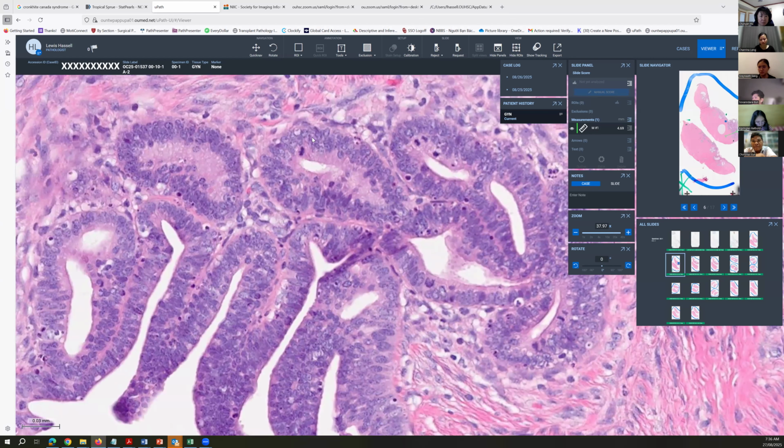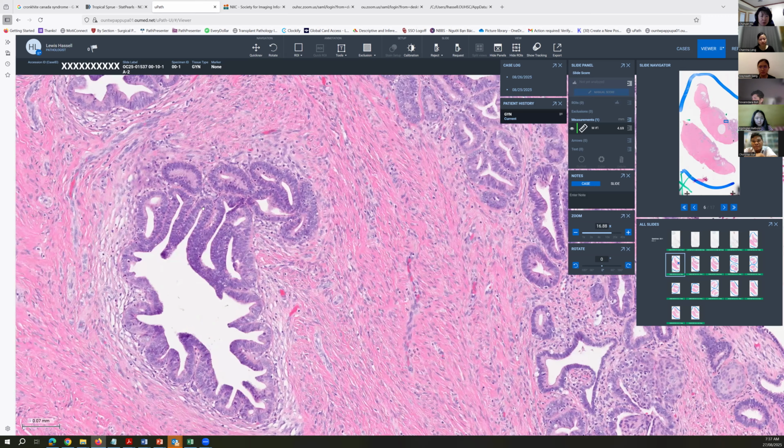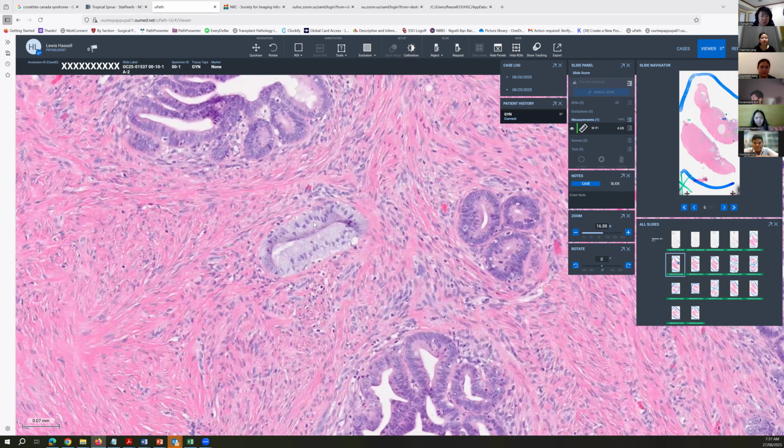In other words, they're towards the lumen side of things. And then some apoptotic debris and nuclear debris and so forth. And this contrasts nicely with the more normal endocervical gland here and over here. So even here in between, we see a fairly normal endocervical gland with the contrasting hyperchromatic glands.